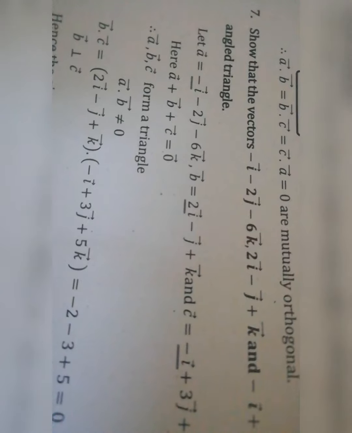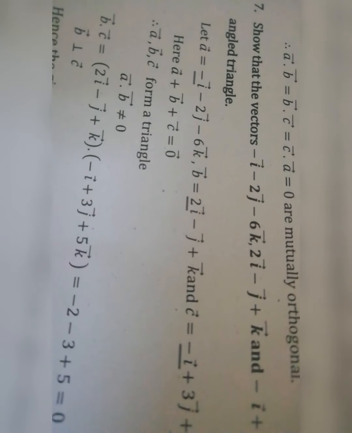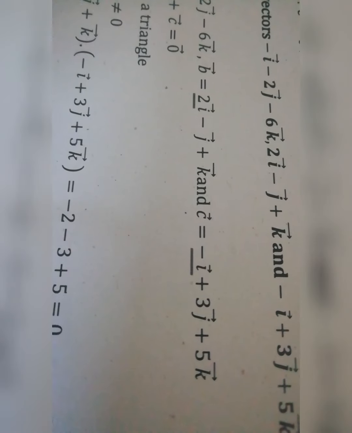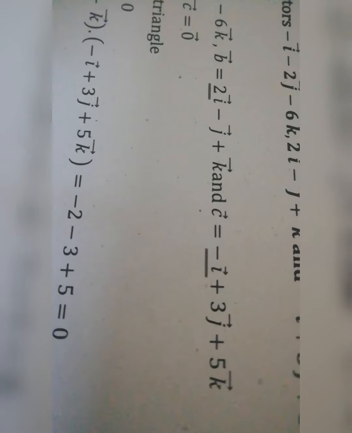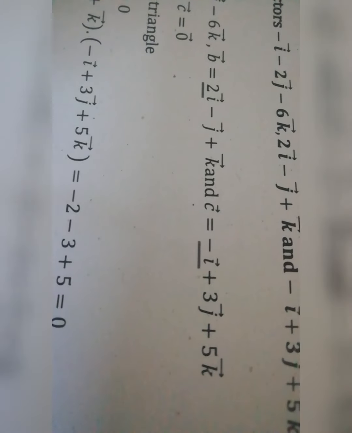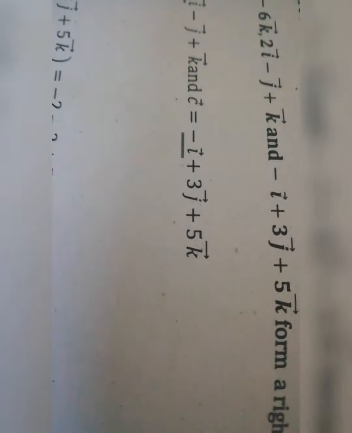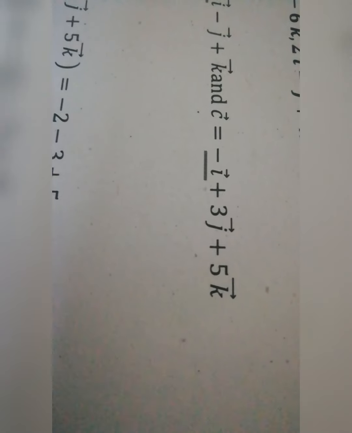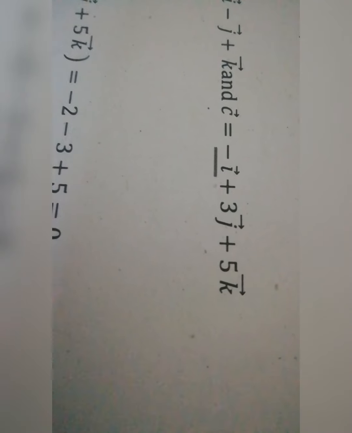Minus i vector, minus 2j vector, minus 6k vector. What is the next vector? b vector is equal to 2i vector minus j vector plus k vector. What is the c vector? Minus i vector plus 3j vector plus 5k vector.